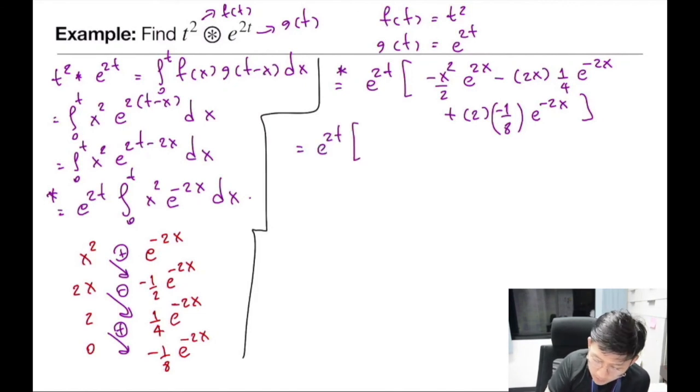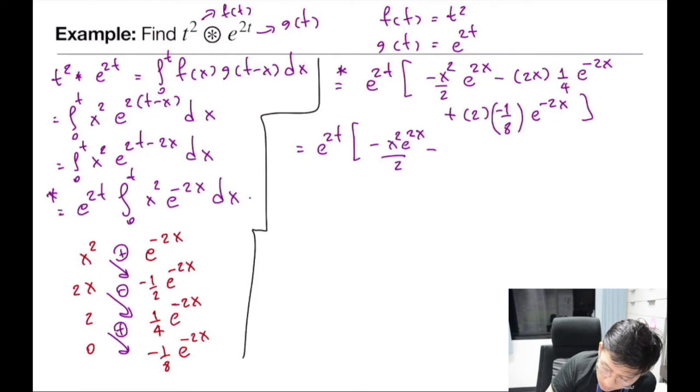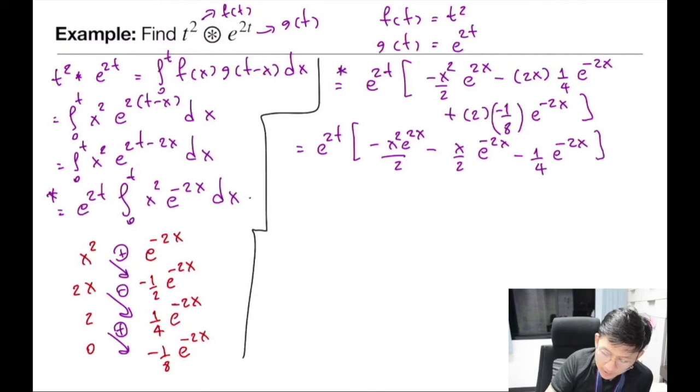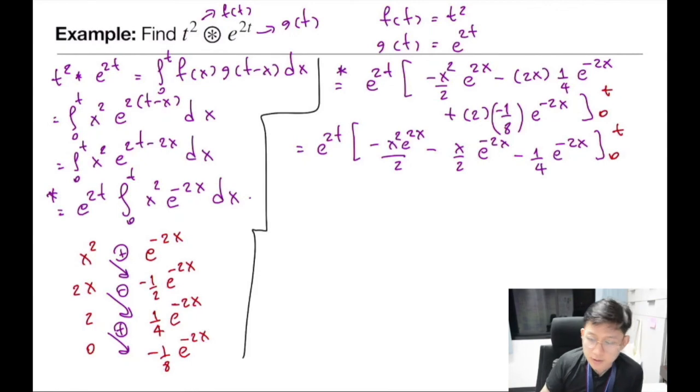What is it? It is minus x squared e to the 2x divided by 2, minus x e to the minus 2x, minus 1/4 e to the minus 2x, and this is from 0 to t.